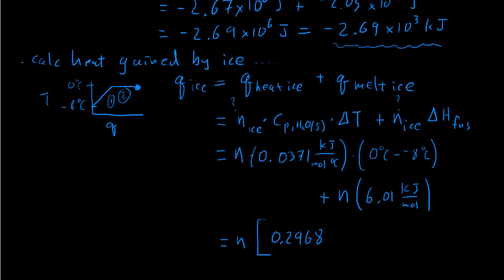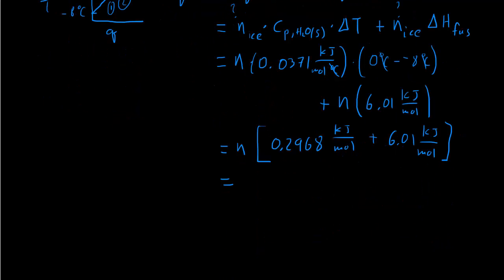And the degrees Celsius will have canceled out, so my units will be kilojoules per mole there, plus the 6.01 kilojoules per mole. And that's what I get when I factor the N out. Now these two numbers both have the same units, kilojoules per mole, so I can add those. I add those two numbers together, and I get N times 6.31 kilojoules per mole.